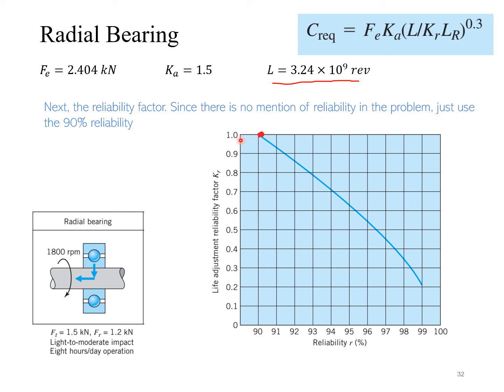This means you have to use a factor of Kr equal to just 1. If the problem had mentioned 95% reliability, or 97, we would have to come over here to this curve and figure out what values we would need for Kr. Again, since there's no mention of reliability, we'll just use the standard reliability, 90%, or just 10% of the bearings are going to fail.